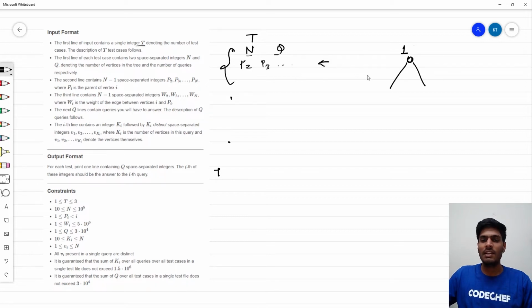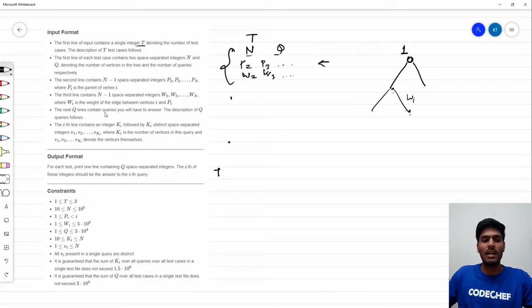With this line, we can represent the tree easily. Now, the third line contains n minus 1 space separated integers, w2 to wn, where wi is the weight of the edge between vertices i and pi. So it's self-explanatory again. Somewhere here, if we are given that this vertex has this as parent, then the same index wi will give us the weight of this edge.